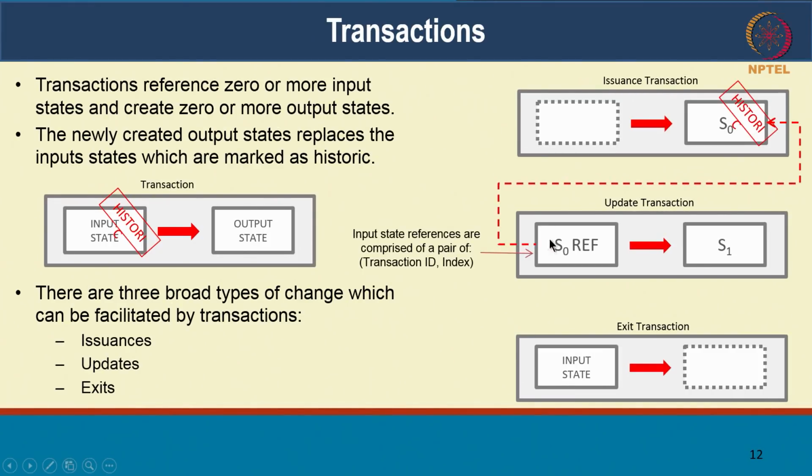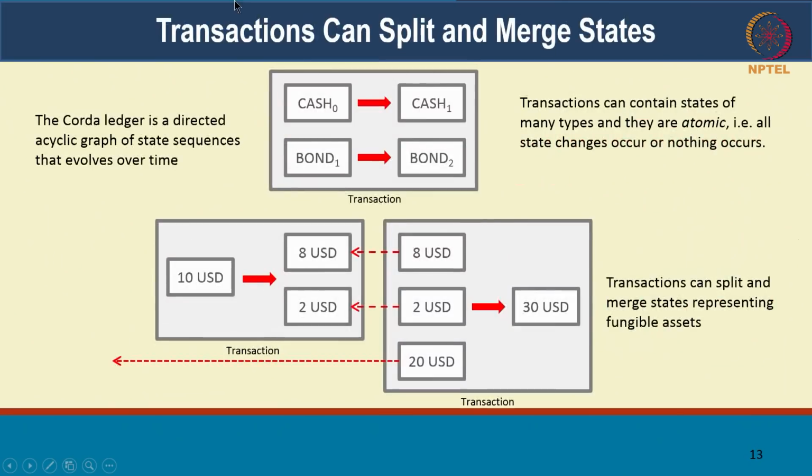And then the next one may be an update. So the state can go from S0 to S1, and then that will mark the previous S0 as historic. So that is again just basic UTXO. And finally, we could have an exit transaction where an input state is basically expired or matured. Basically, it's a financial instrument that is now no longer valid, so you can exit. So that's also possible.